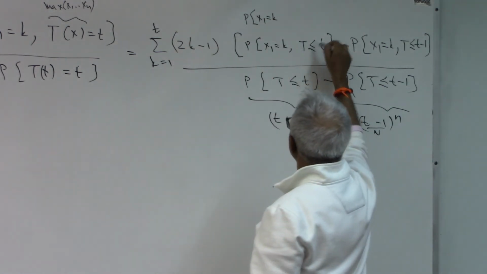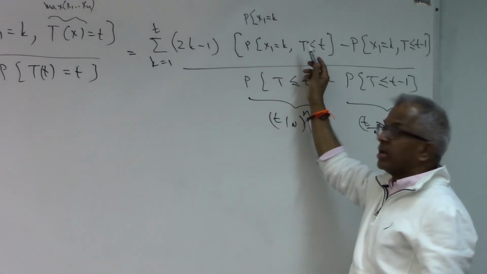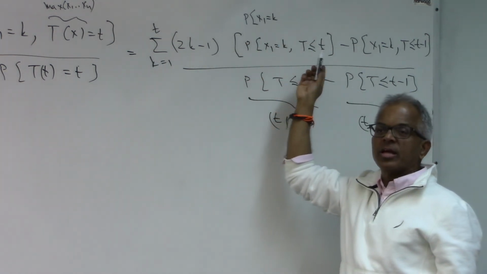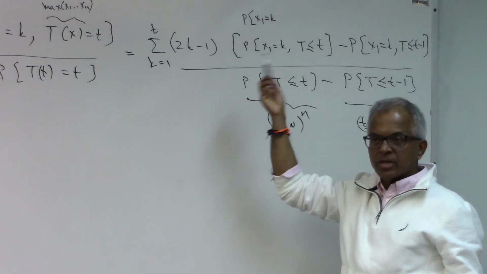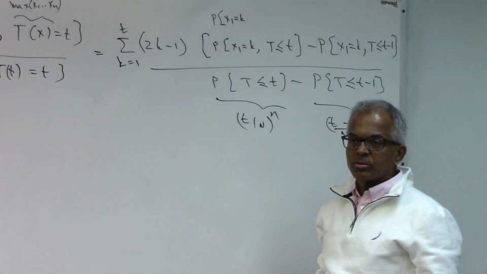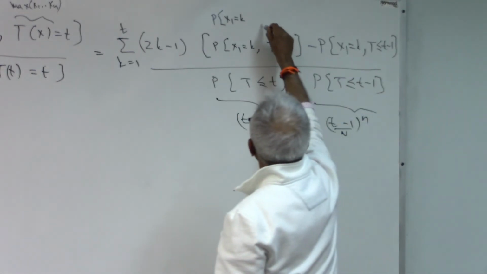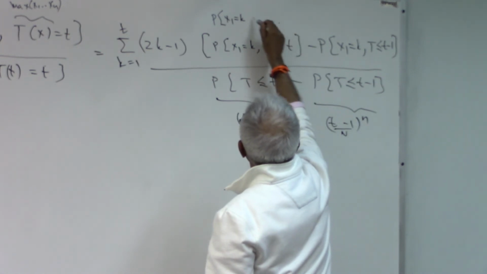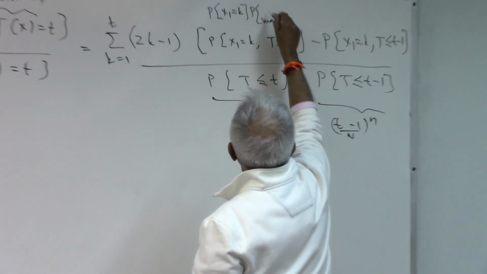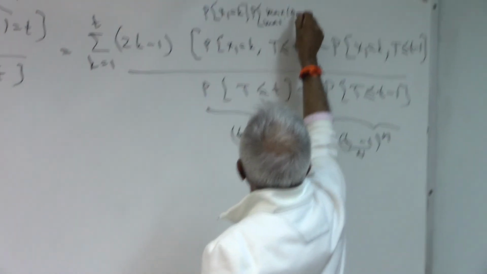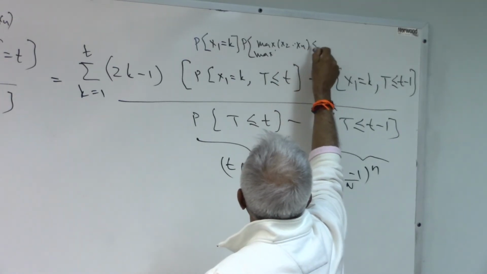So if x1 is k, then the maximum being at most t is the same as x2, etc., being less than or equal to t. So this is multiplied by the probability that the maximum of x2, etc., xn is less than or equal to t.